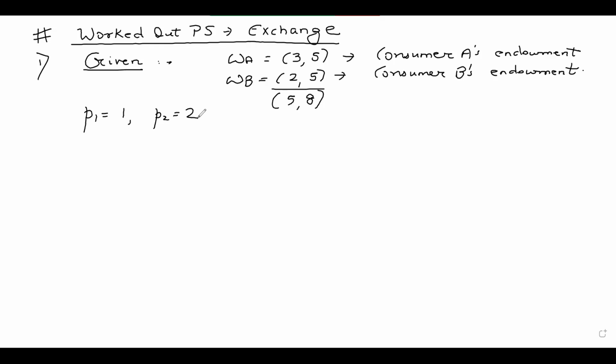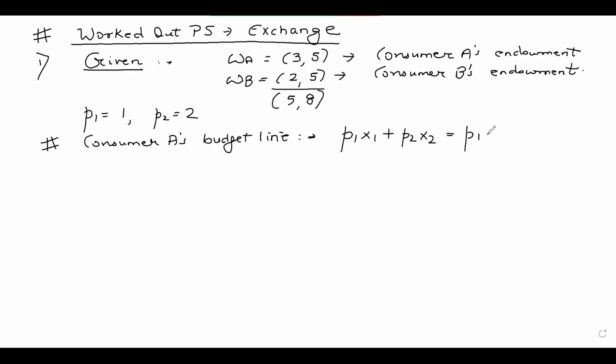What is going to be consumer A's budget line? Consumer A's budget line will be given by the equation P1 x1 plus P2 x2 equals P1 omega 1 plus P2 omega 2.